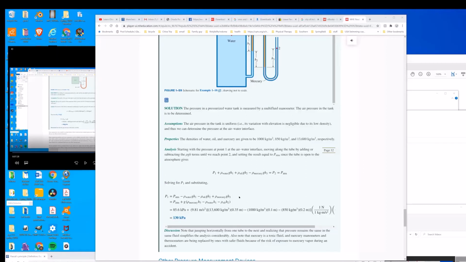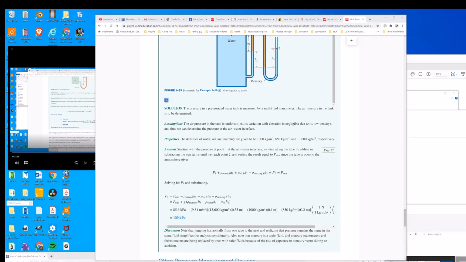So we go through the process. We just set up the equation. We're actually looking for P1, so we bring the other terms over to the other side, and we combine some terms because they're all multiplied by g, gravitational acceleration, and then we substitute each in. It looks like it's cut off here, but that's okay.